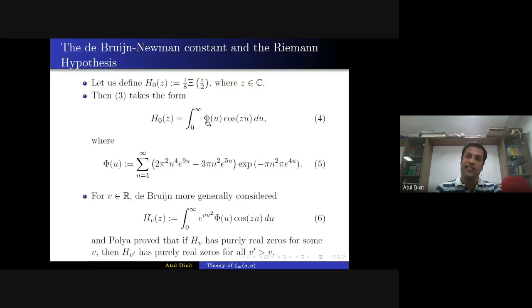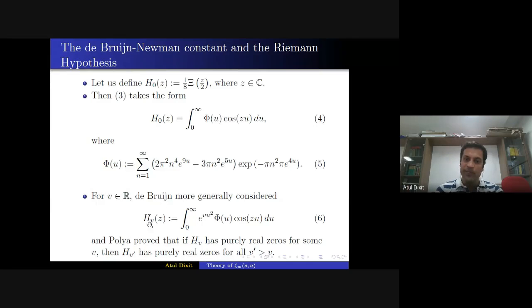Now let us do one thing. In the integrand, let us insert this function e to the power v u square. So when v is equal to 0, then that is just h sub 0 of z. In general, I call it h sub v of z, and v is a real number.